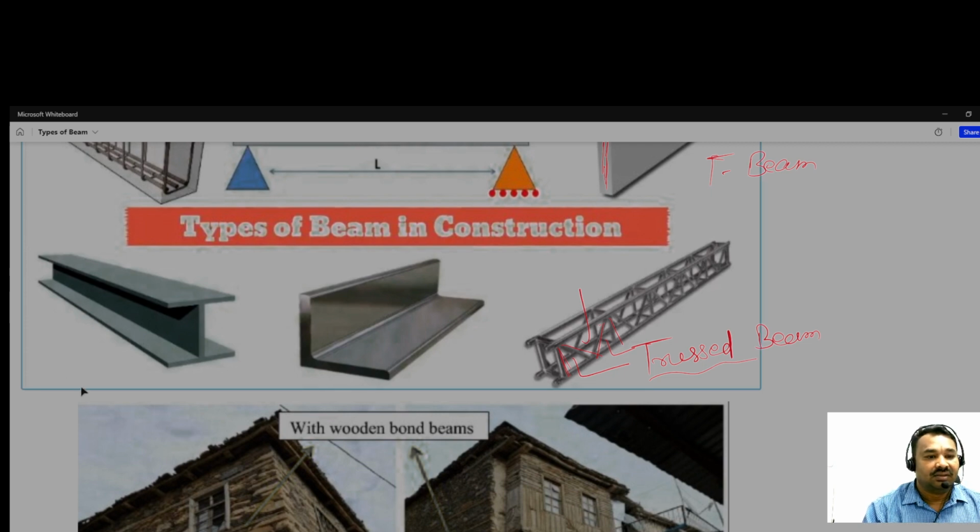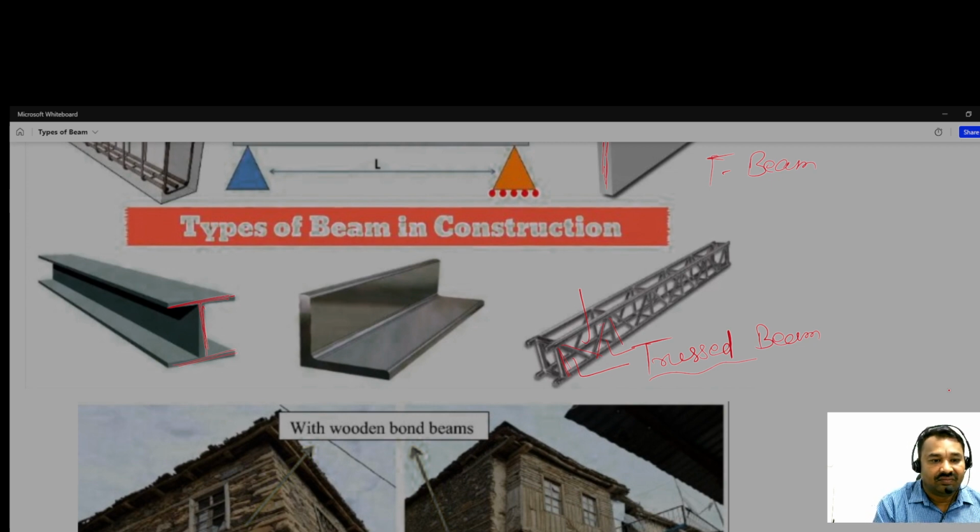And what about this beam? What will be the name? So here I shape. The beam is of which type of beam? So it is I beam. And what about this? So it is L shaped. L shaped beam.